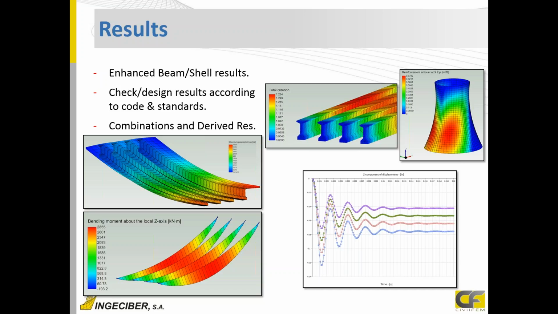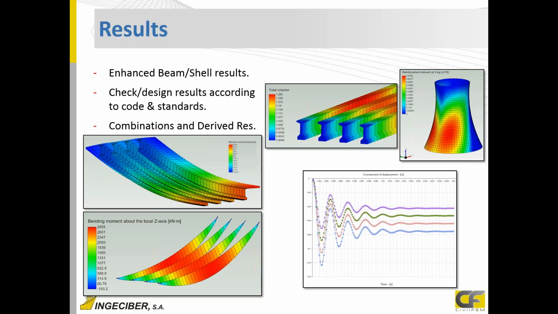Other charts that are available, in this case, this figure showing the displacement with damping along time in a transient analysis. So we have a lot of tools to plot results.